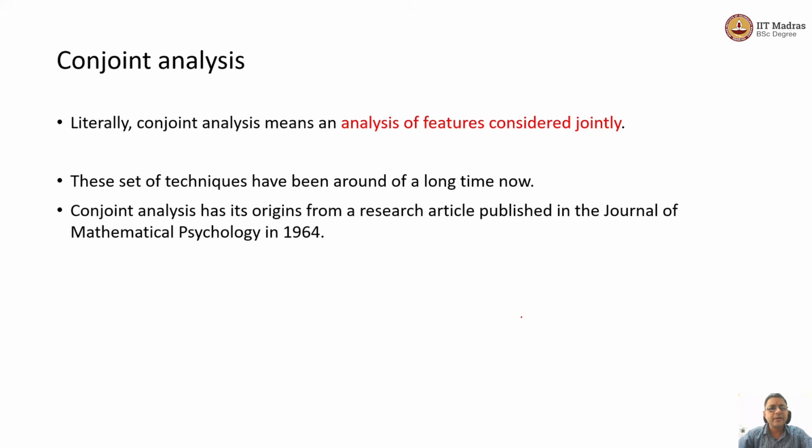He has extensively written on various aspects of conjoint analysis, various models, various applications, lots of research that can be attributed to Professor Green, and we are going to discuss a few more models as we go along, right? This is a well established set of techniques which has been around for some time.